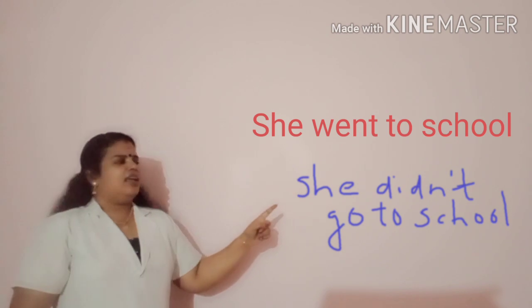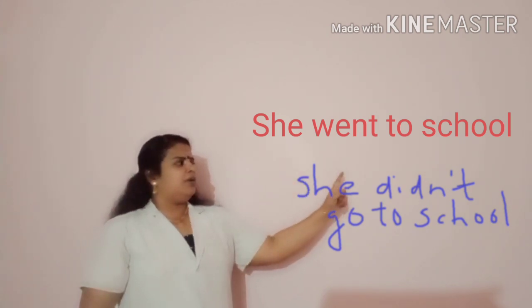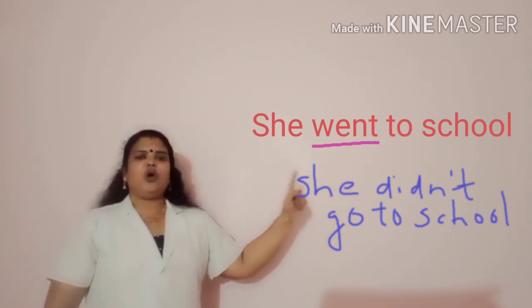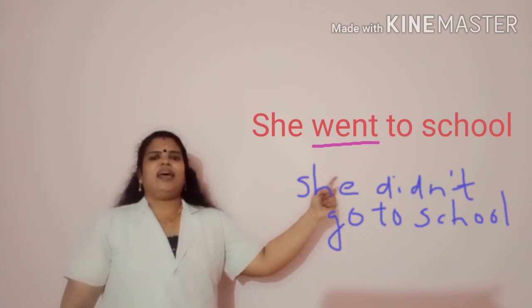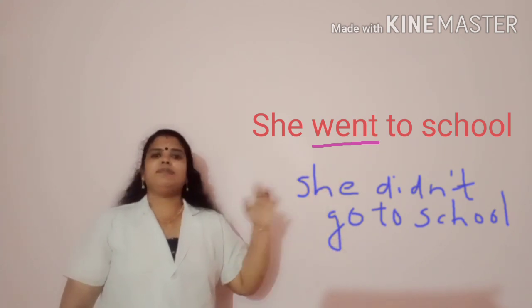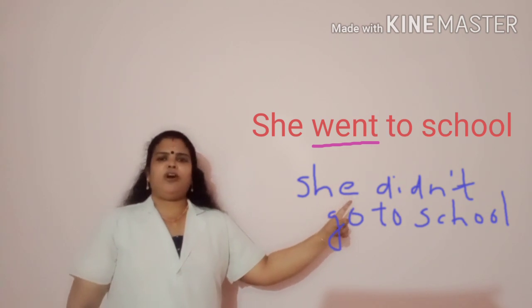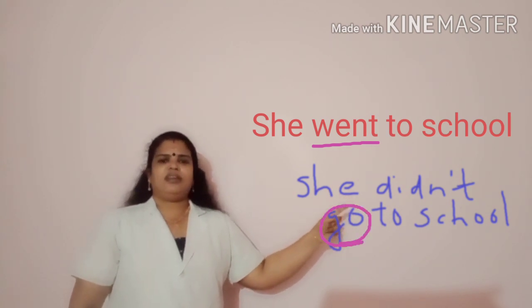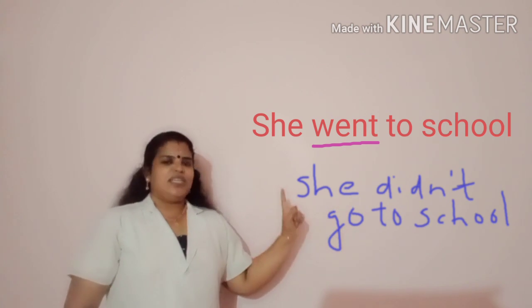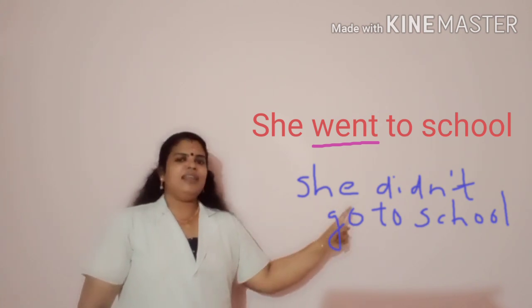Then here the verb is went. So we want to change that into V1 form, means base form. So what's the base form, the V1 form of went? Go. She didn't go to school.